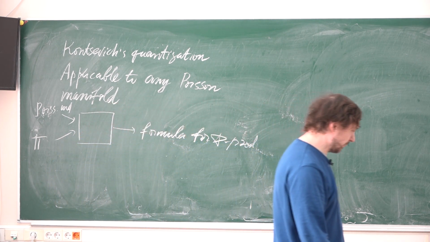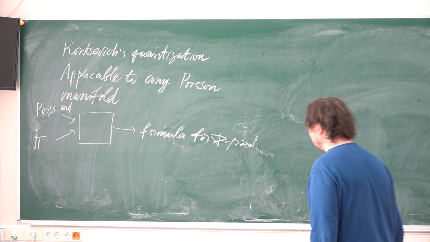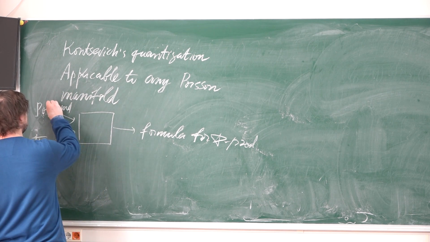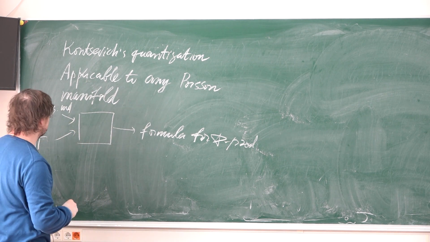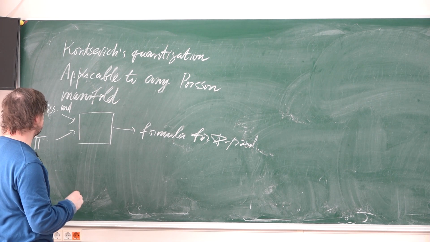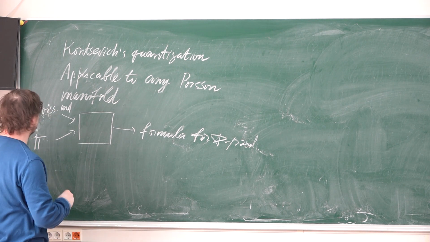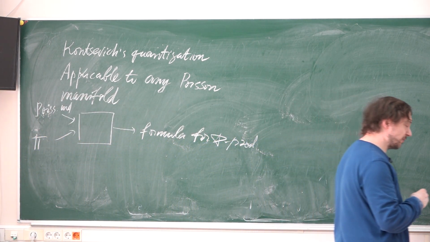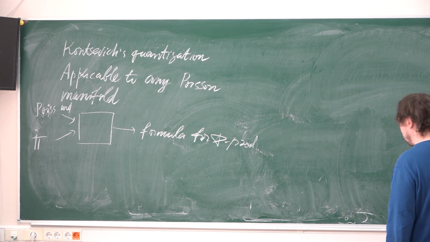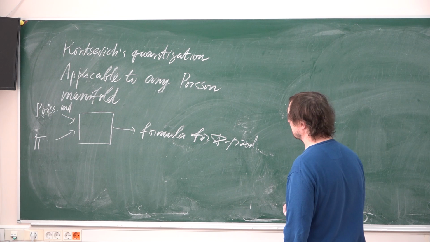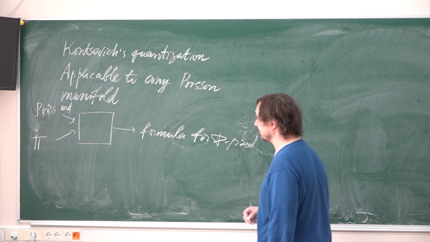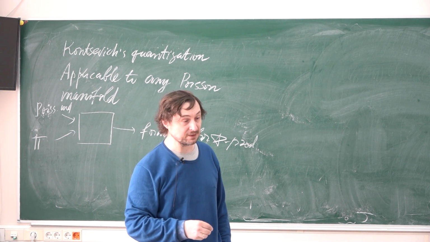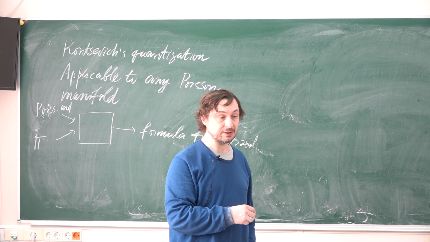It can be applied to any Poisson manifold, but I think it is a bit unexpected, but in fact, it is sufficient to do this trick only for the Euclidean space. Because already in the case of Euclidean space, if you work with a generic Poisson structure, which might be of different ranks at different points of Euclidean space, the constructions known before Kontsevich do not work.